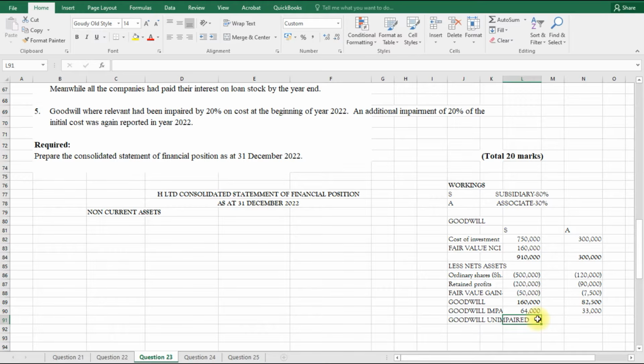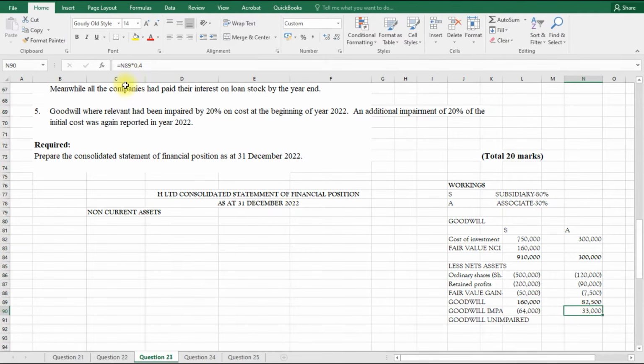And our unimpaired goodwill, so alt equals, these two. Before that, the goodwill impaired is supposed to be a negative. You just include a negative sign there.